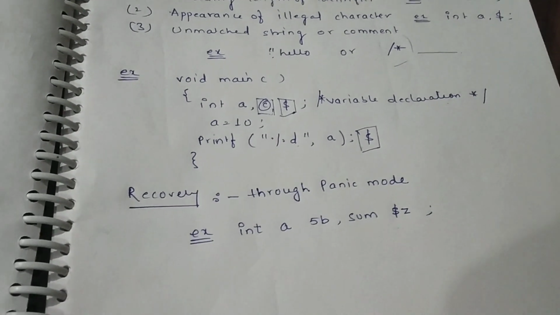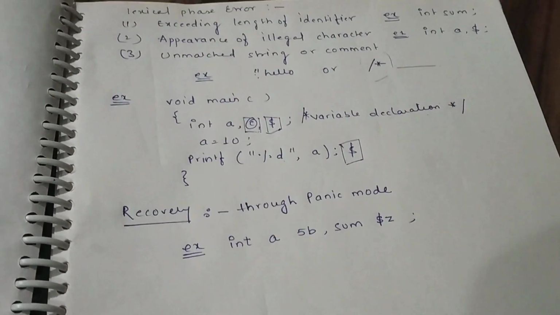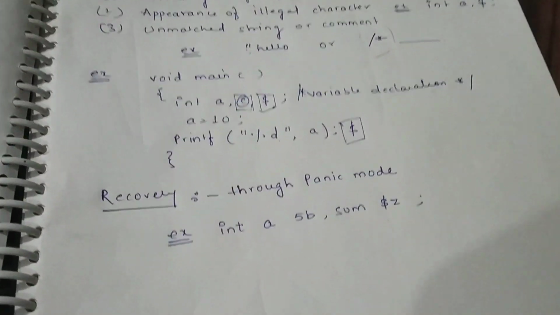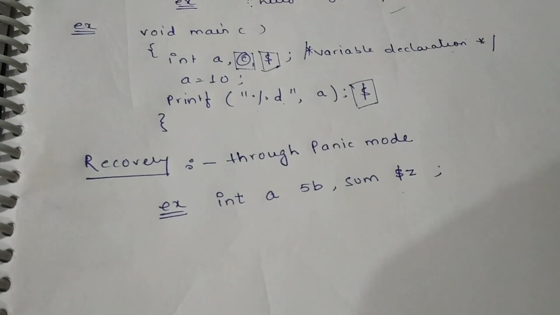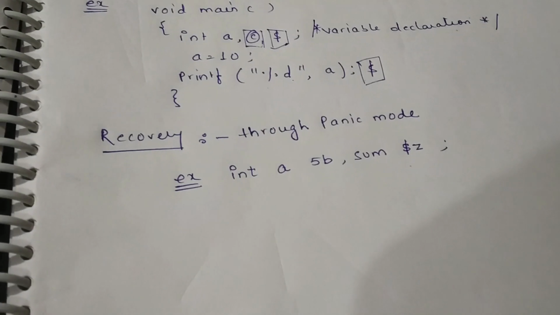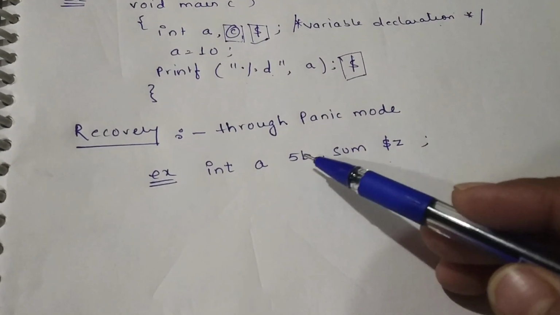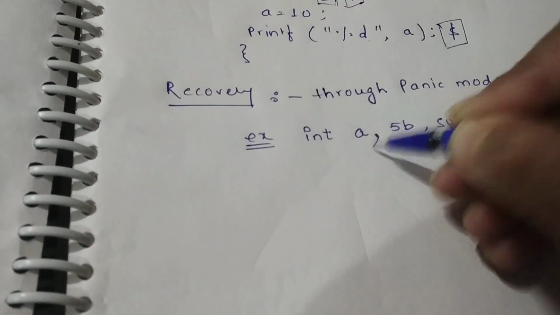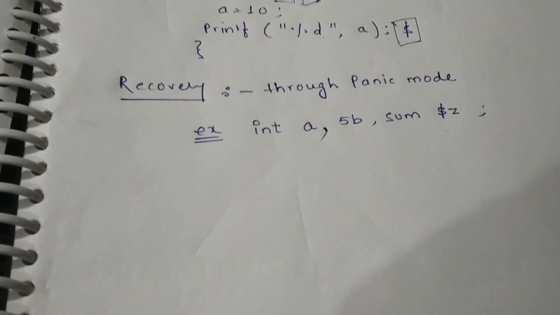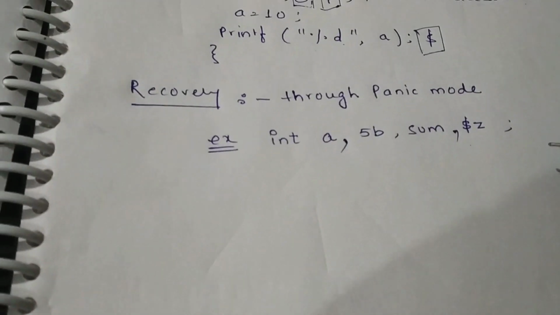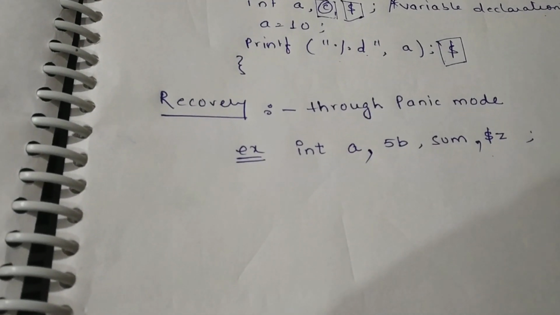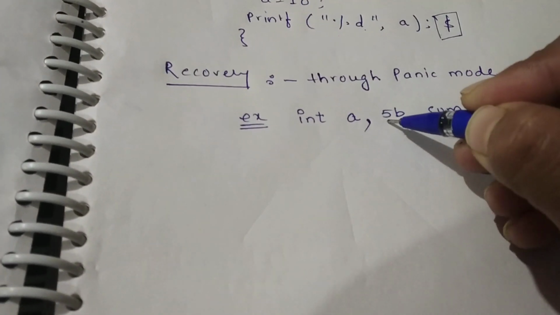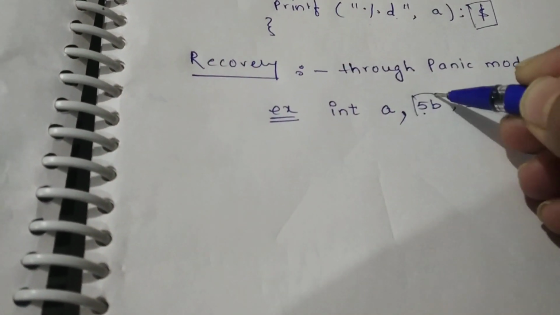Now we come to the recovery of the lexical phase error through the panic mode. Suppose I write a statement integer a comma 5b comma sum comma $z semicolon. In the statement, a number cannot come in a variable.